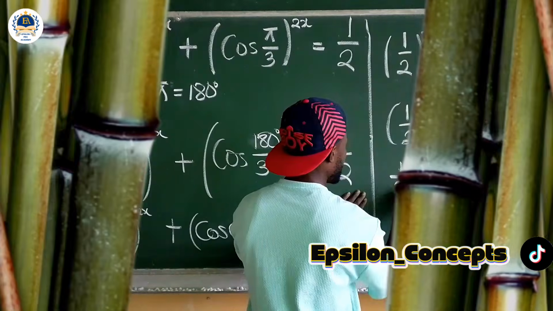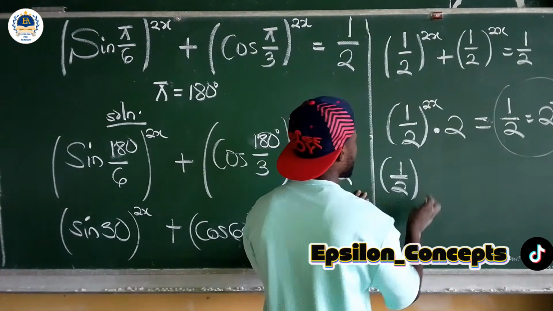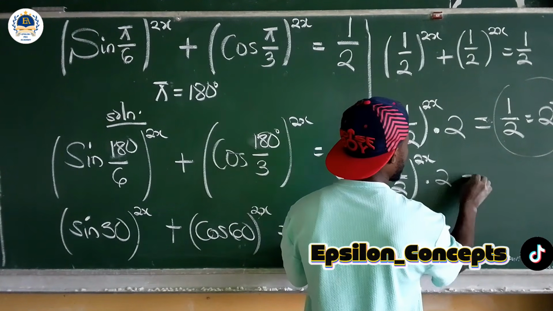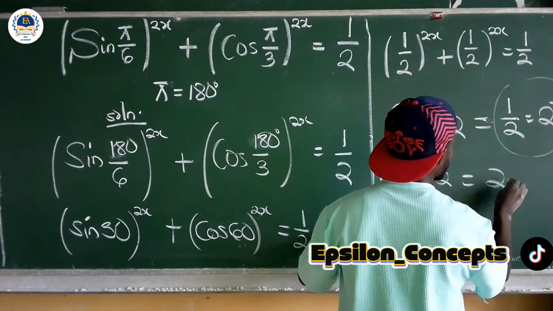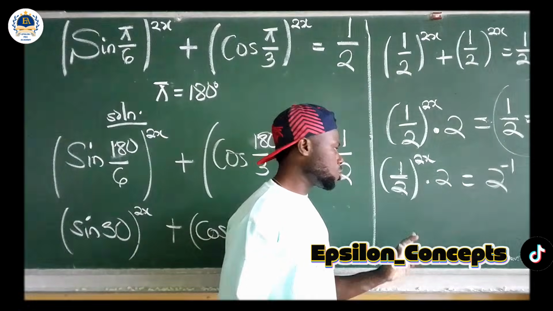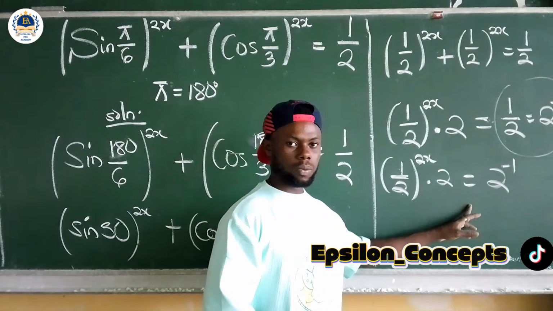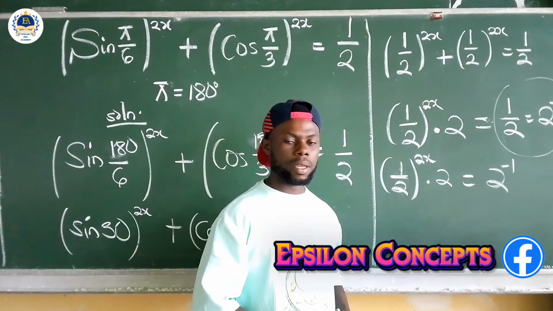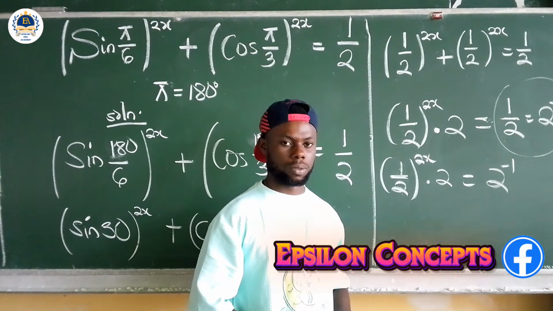1 over 2 raised to the power of 2x times 2 is equal to 2 raised to the power of minus 1. Now we have to divide the two sides of the equation by 2 so that all the numbers without a letter can remain in one side of the equation.